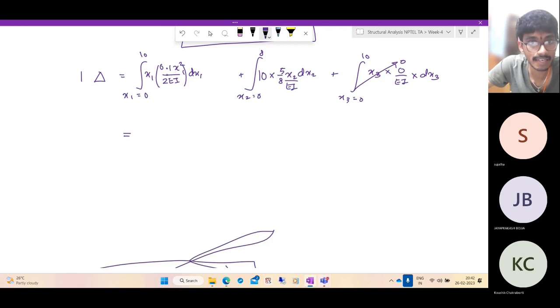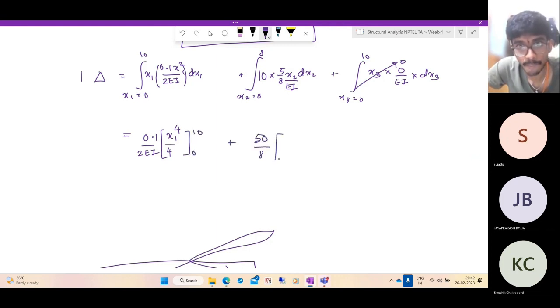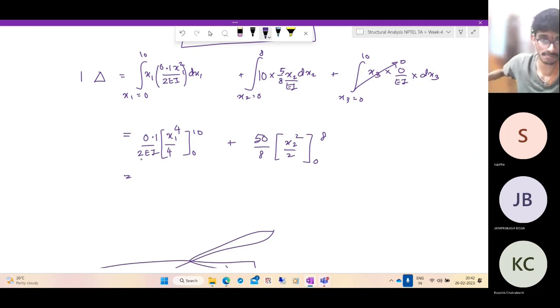It is a very simple integral. So we get 0.1 x1 power 4 by 2 EI by 4 in the limit 0 to 10, plus 50 by 8 x2 square by 2 within the limit 0 to 8. So let's compute these.